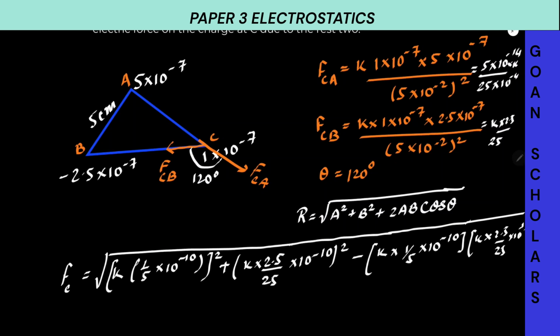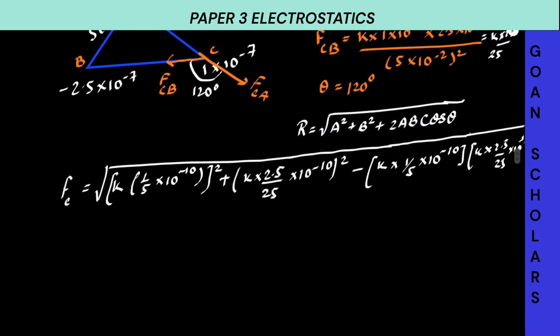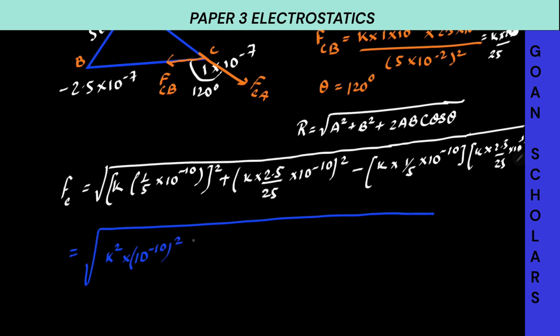Let's take common out now. If I take common out from here, K square is over here and K square is over here, because of this K and this K, right? So we can take K square common from all the factors. I am just keeping it inside the root only. K square from all of them, and 10 to the power minus 10 whole square is also common. These two things are common in all of them.